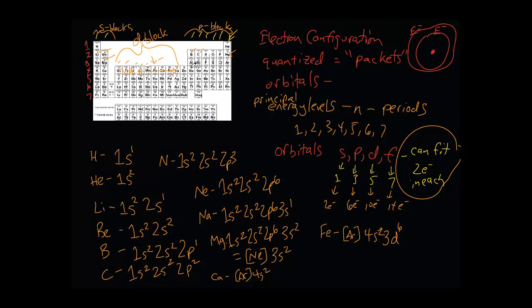And then what happens when you get to, let's say, bromine? What's the electron configuration? Well, we have to go back to the most recent group 8 noble gas, which is, again, argon.